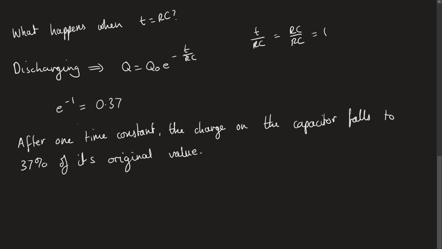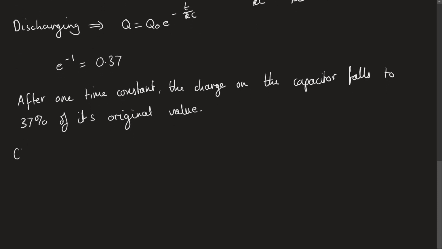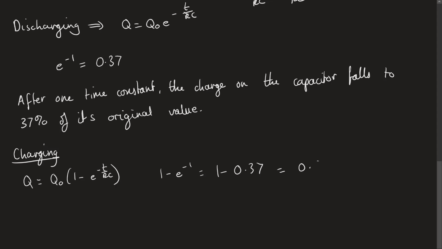On the inverse of this, we can look at charging, which is a little bit more difficult to understand. If our charging equation is that Q is equal to Q naught times 1 minus e to the minus t over RC, then 1 minus e to the minus 1 is 1 minus 0.37, which is 0.63.